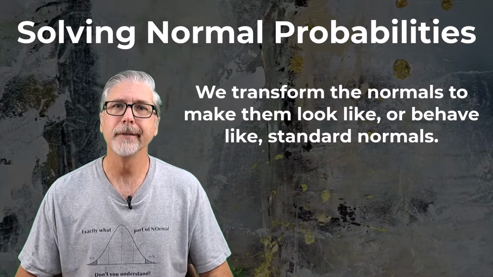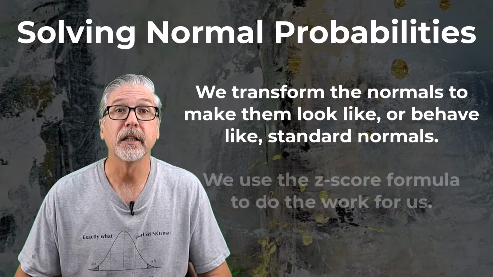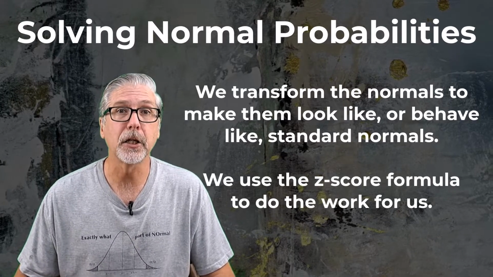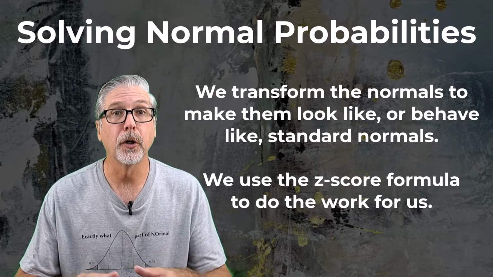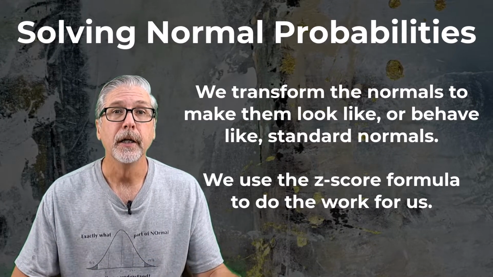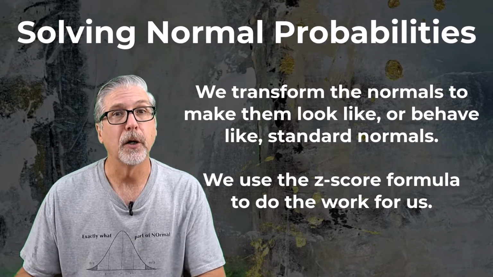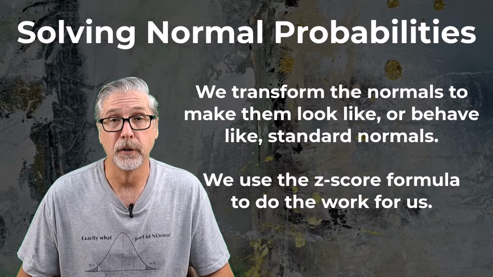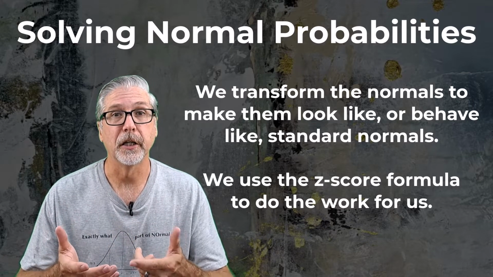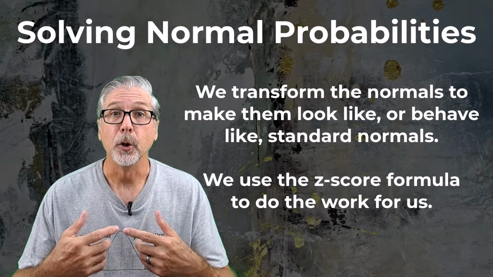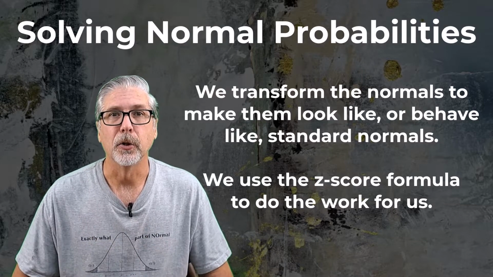Sounds complicated, right? It's really not. We're going to take the z-score formula that we've seen many times before, and use that to change values from the normal curve that we're interested in into standard normal values that we already know how to solve. Now, the process isn't overly difficult, but there are some details that I need to point out along the way. In order to do it, let's take a look at an example.